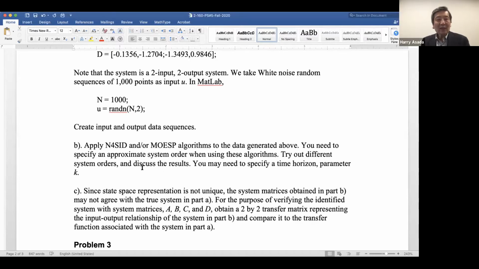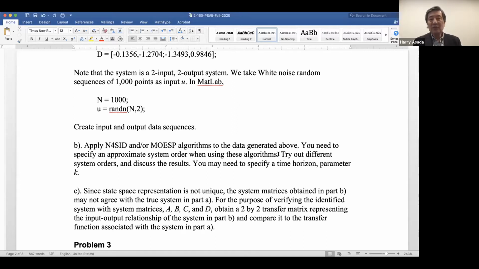With that data, we apply the n4sid or MOESP algorithms. In MATLAB there's of course a very nice code, n4sid, already available. So go to MATLAB, the System Identification Toolbox. You see a lot of tools there, and for some reason they like n4sid, so you can use that.